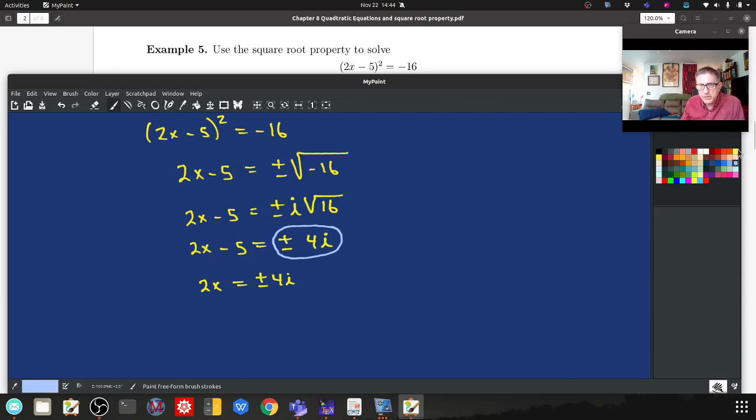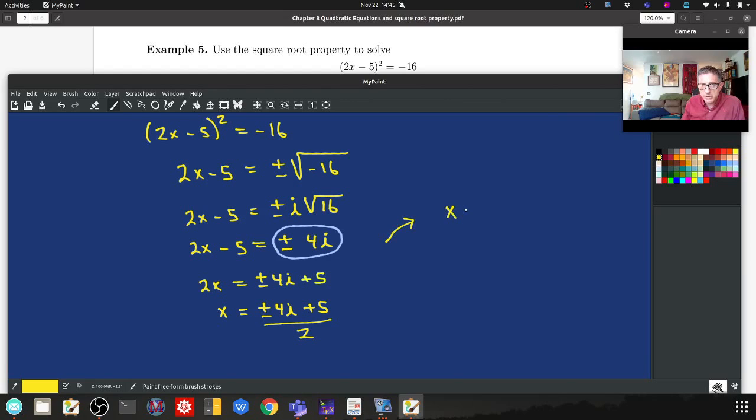Plus or minus 4i plus 5. So my 2x, if I divide both sides by 2, I get plus or minus 4i plus 5 over 2.